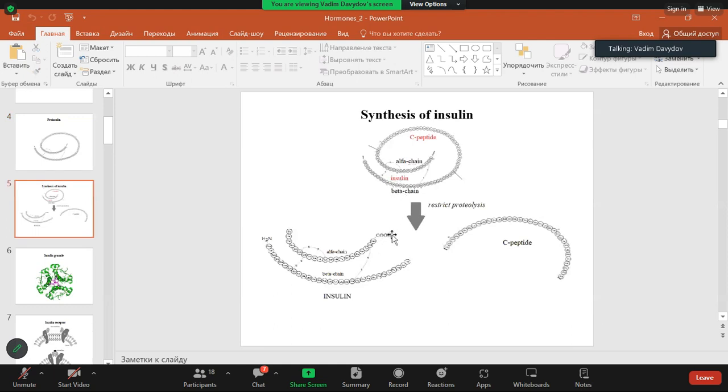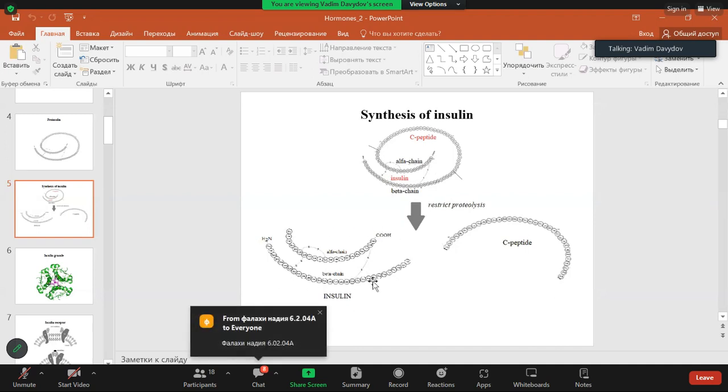And again, synthesis of active insulin from proinsulin is coupled with restricted proteolysis. A special trypsin-like protease attacks the polypeptide chain of proinsulin in two places, and as a result the molecule of proinsulin breaks down to yield end products. One product is denominated the so-called C-peptide, and the other part of the molecule, which, as you can see, consists of two polypeptide chains bound with disulfide bonds, is represented as insulin, active insulin.